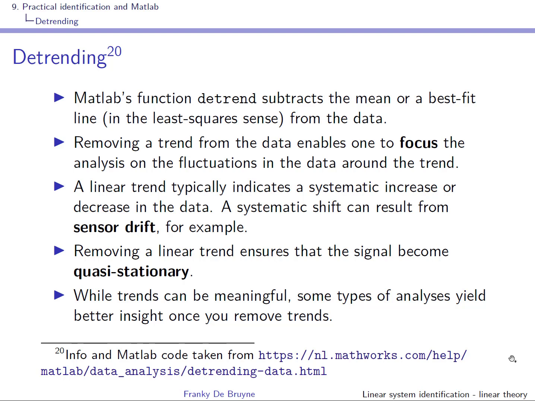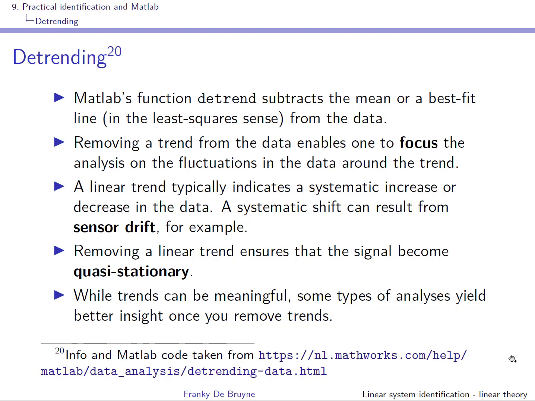A linear trend typically indicates a systematic increase or decrease in the data, and a systematic shift can be, for instance, the result of sensor drift. While trends can be meaningful in some cases, some types of analysis will give you better insight if you remove the trend. And for instance, in case of a sensor drift, it's very clear that you have to remove this linear trend.